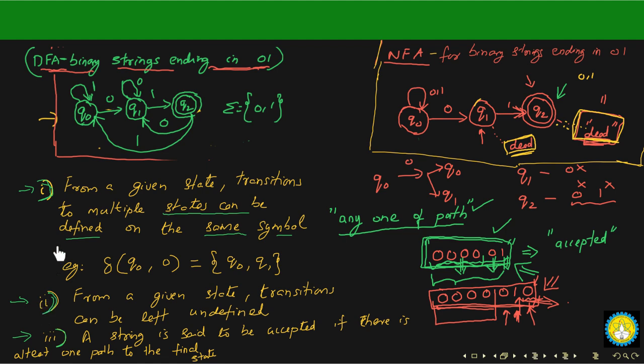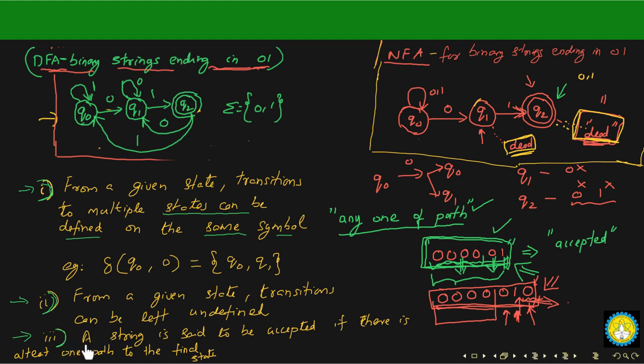It is not a must, but it's possible to have multiple states defined on the same symbol, and it's possible for transitions to be left undefined. So don't think that it is a mandatory condition. It is not mandatory, but it is possible to have these two things, right?